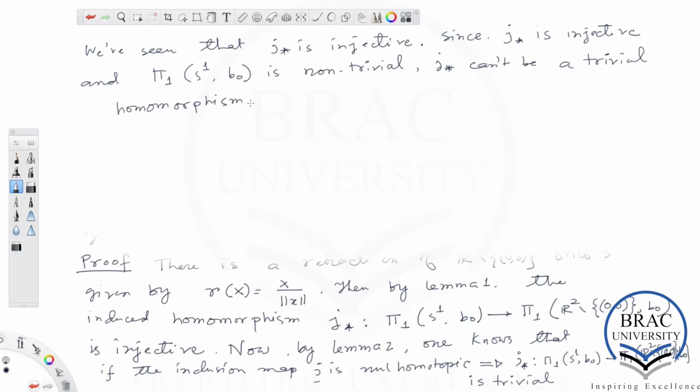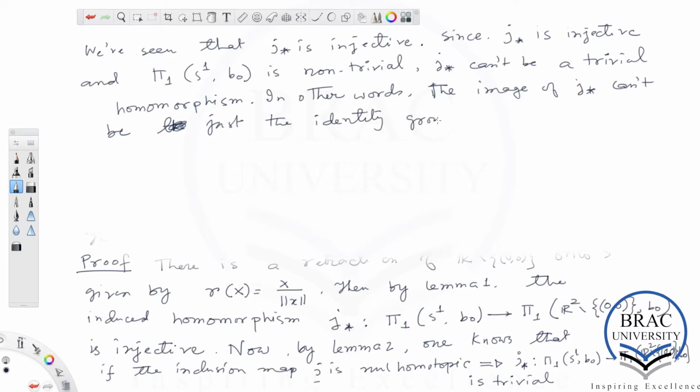To phrase it in a different way, the image of J star can't be just the identity group element of this group pi 1 of this punctured plane with reference to this base point B0. So we thus see that J star cannot be trivial.